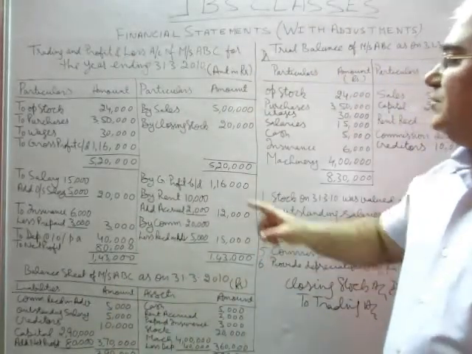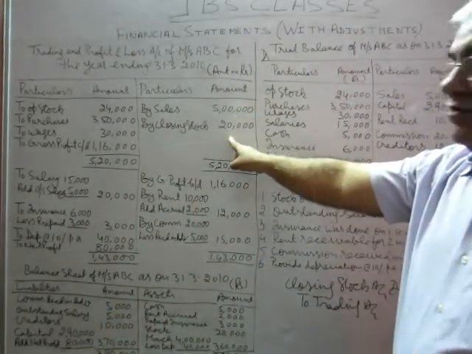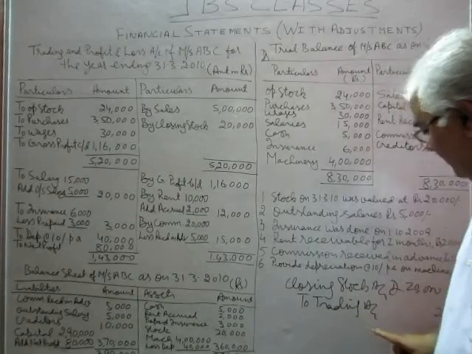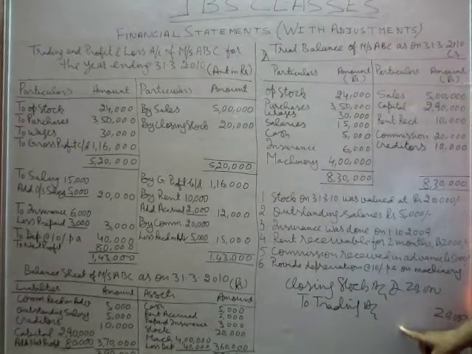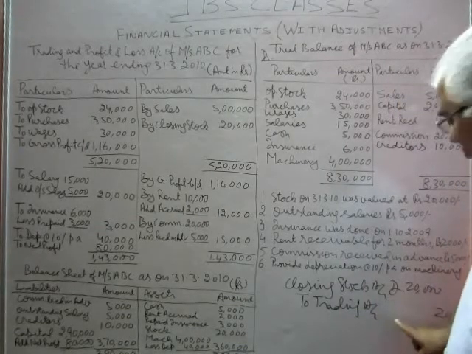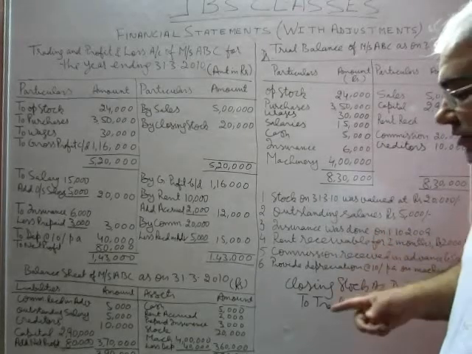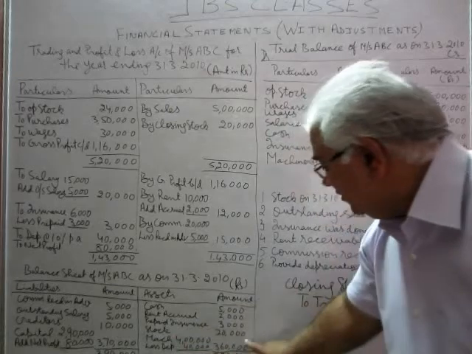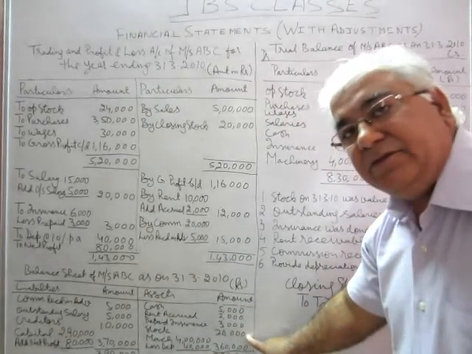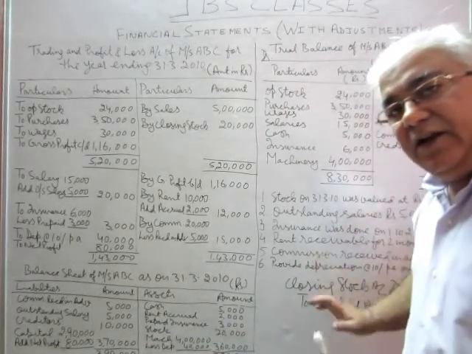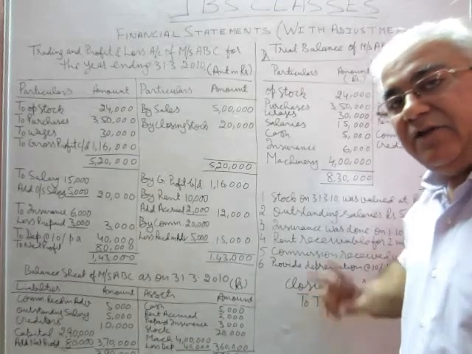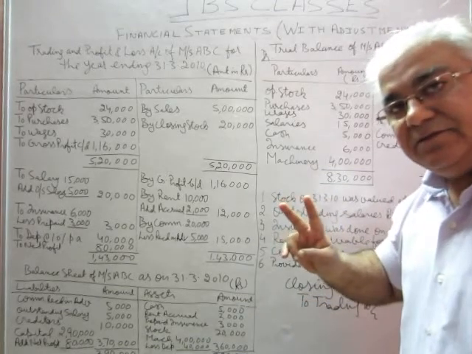Now this will be shown in the trading account here because of posting of this. And now this closing stock of rupees 20,000 will also be shown in the balance sheet. Here it is, stock 20,000. Is this clear? Whatever adjustment entry we make, it will have effect at two places, right?